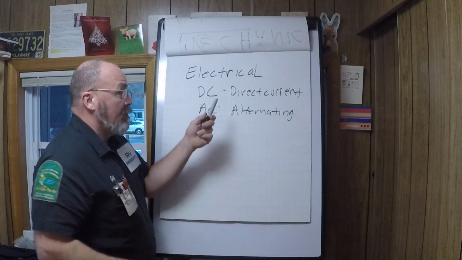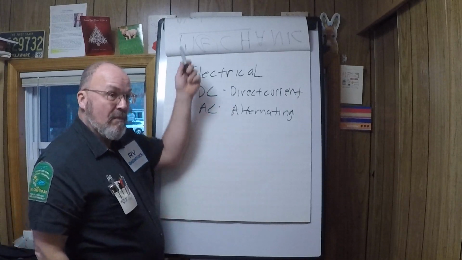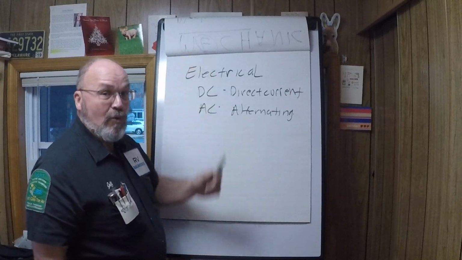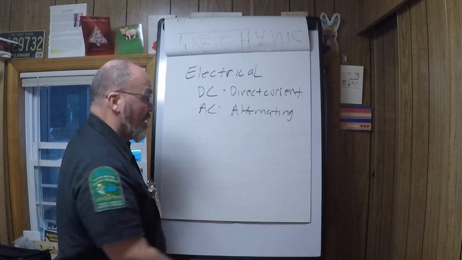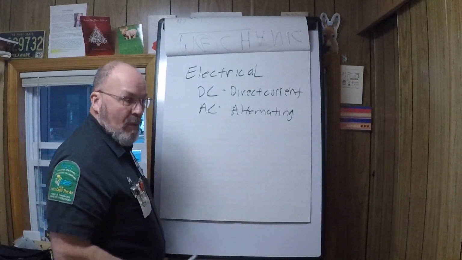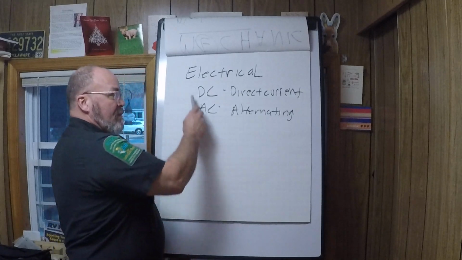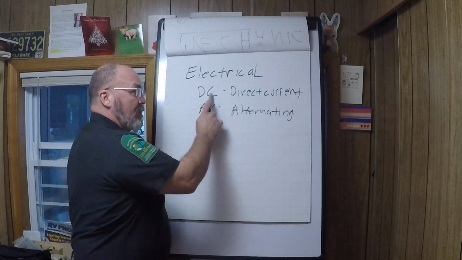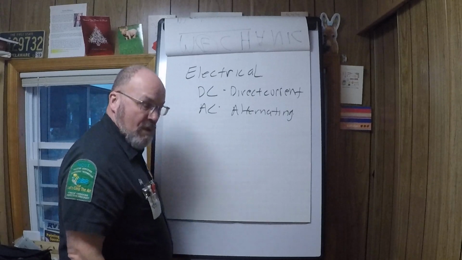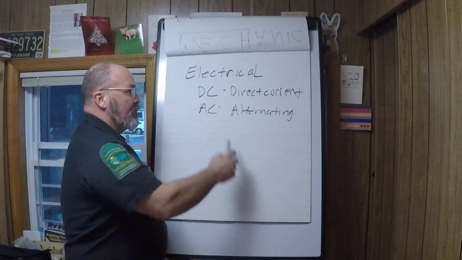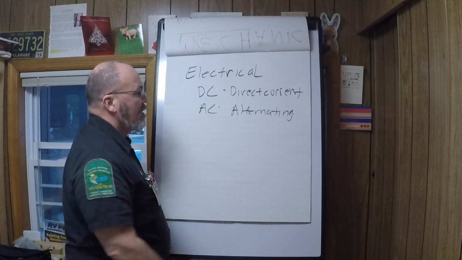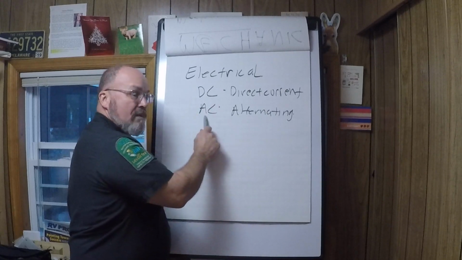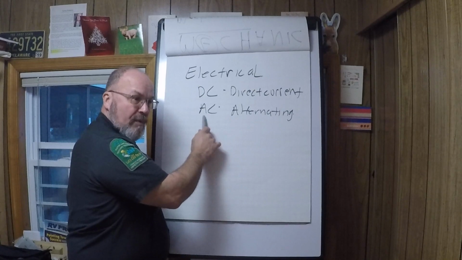Now, the DC can take electricity and make mechanical movement, rotary or straight. Same way with the AC. You remember these two guys. One of them was called Ohm's Law and all that good stuff. But Tesla dealt with AC electricity.